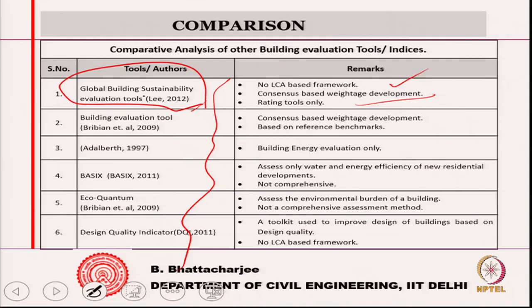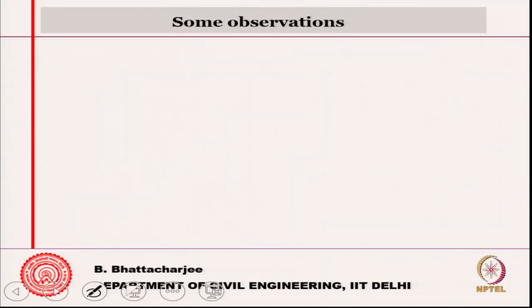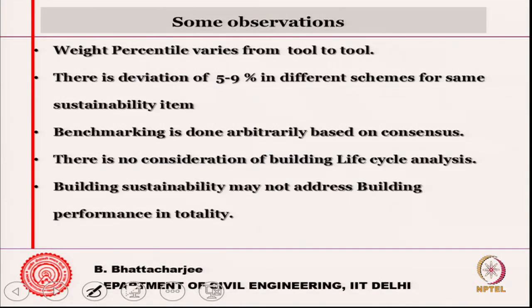The literature would tell you that nobody looks at LCA, life cycle scenario, and there is a difference in tools. So this is a summary of the findings of various authors, their comments essentially, right. That is, the weight percentage is a summary of the observations you can find by looking at all the tools together.